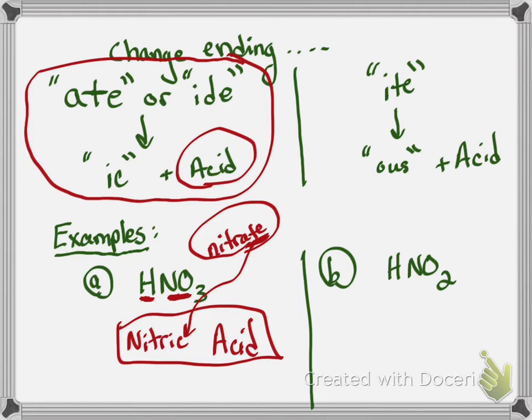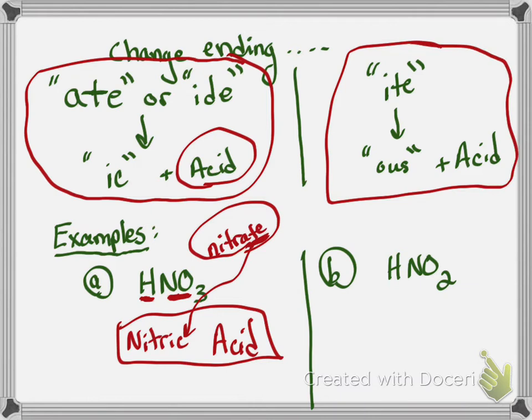The opposite side of this is if it's "ite," you change it to "ous." So this is nitrite on this side, and you have a hydrogen attached, so that is acid. But "ite" becomes "ous," so instead of nitric acid, it's nitrous acid.